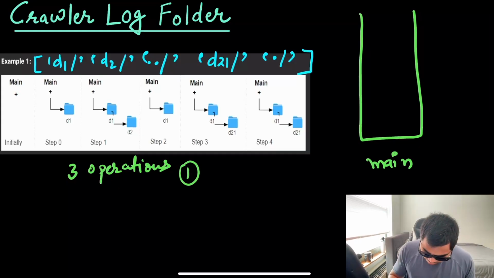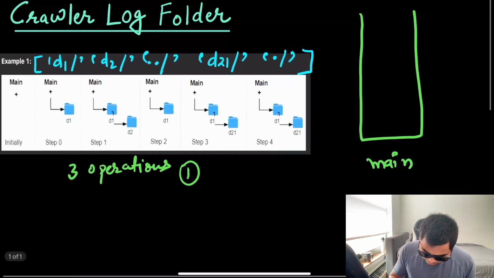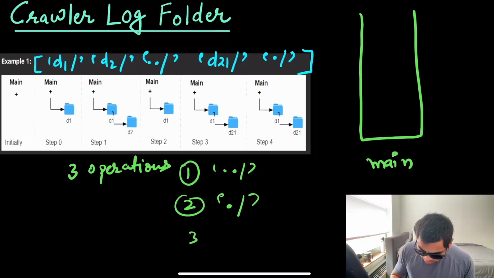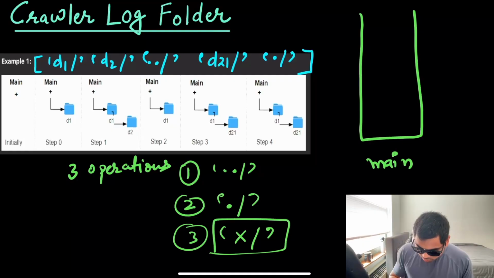First is if you come to the parent folder, which is represented by ../. Second is being in the same folder, which is ./. And third, the most important one, is some name and then a slash, which should take you to a folder inside the current one.